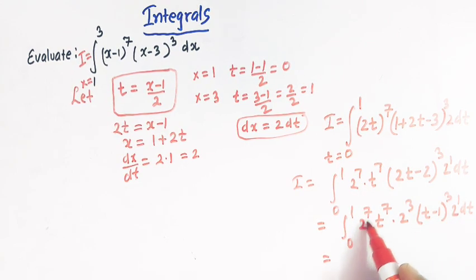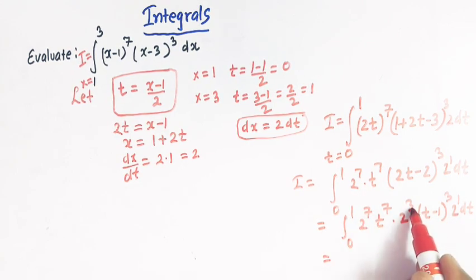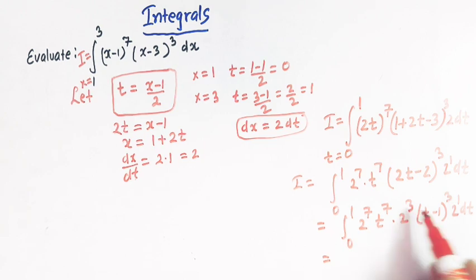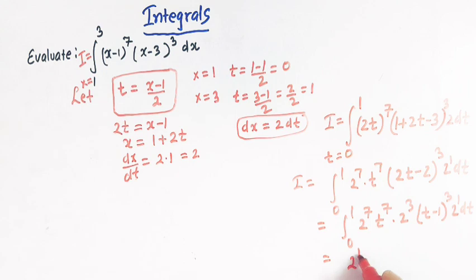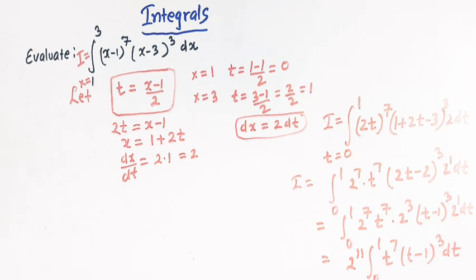So we have 2 raised to 7, 7 plus 3 is 10, and 10 plus 1 is 11. So we can take 2 raised to 11 outside the integral: from 0 to 1, t raised to 7, (t minus 1) raised to 3, dt.